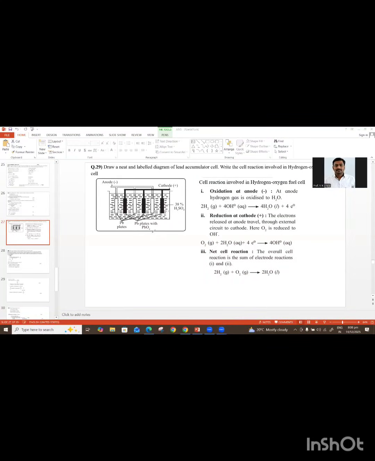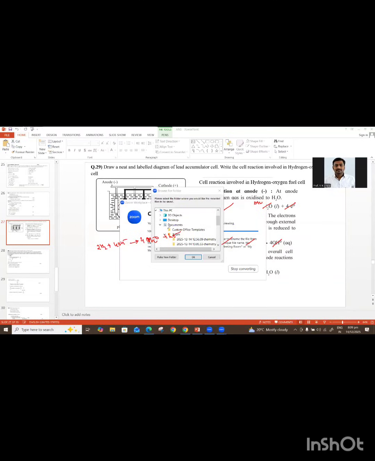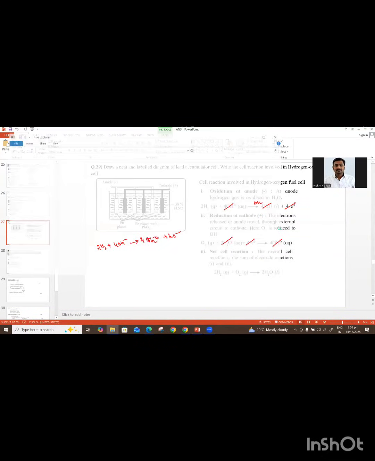Hydrogen oxygen fuel cell reaction. In the oxidation reaction, when 2 moles of hydrogen react with 4 moles of hydroxyl, oxidation takes place along with the formation of 2H2O and 4 electrons. Here the 4 electrons get cancelled. For the overall reaction, 4OH minus also cancels. Of 2H2O and 4H2O, you have to write 2H2O here, and 2H2 here.